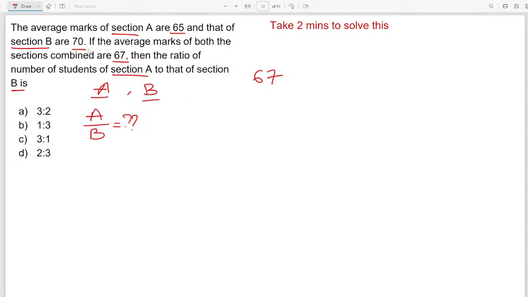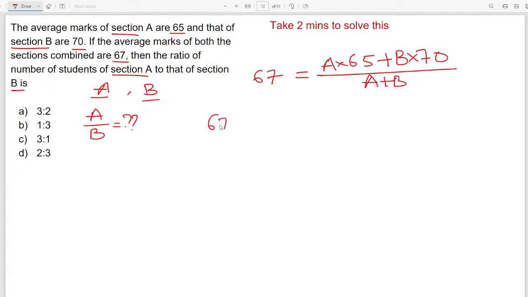So together the combined average marks of the sections is 67 and the average marks of section A alone is 65. The number of students in section A is A, into the average marks of section A, 65. Then we have the number of students in B, and the average marks of section B is 70, divided by A plus B. We'll cross multiply this.